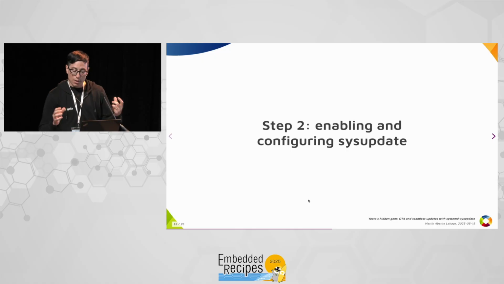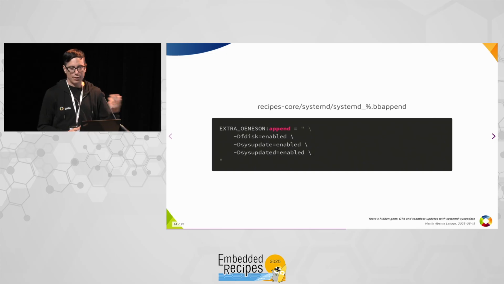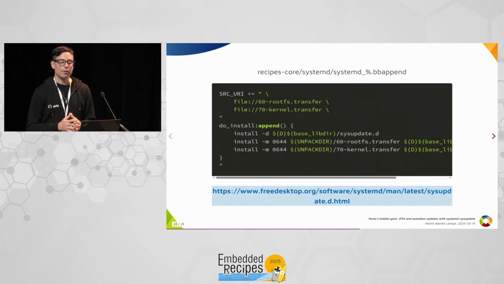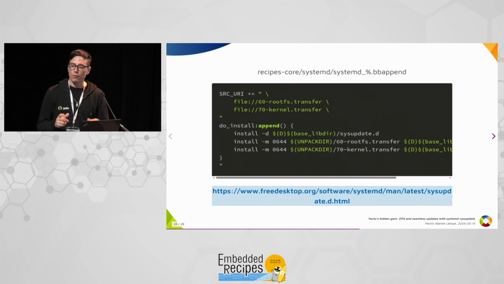Okay, so the next thing will be just to enable and configure sysupdate. The first thing is kind of the obvious thing. You have to build systemd with sysupdate enabled, and for example, you can also enable sysupdated, which is the D-Bus service. The very important thing here is that you also have to provide something called a transfer file.